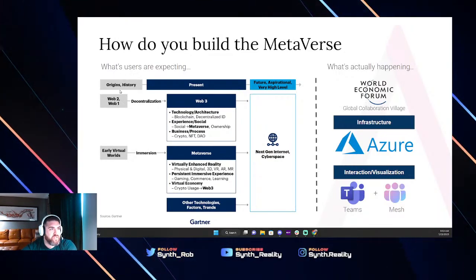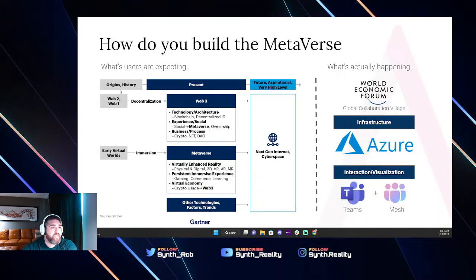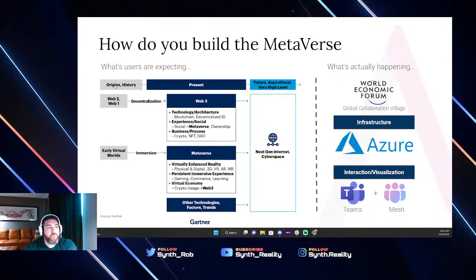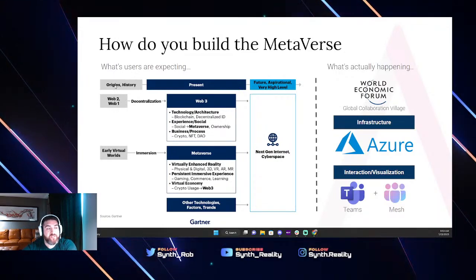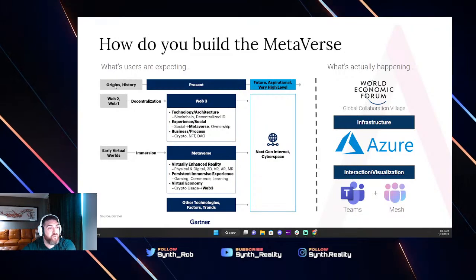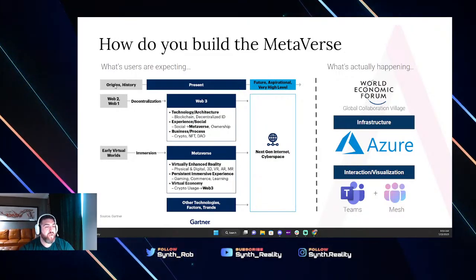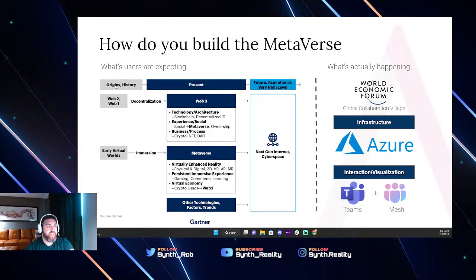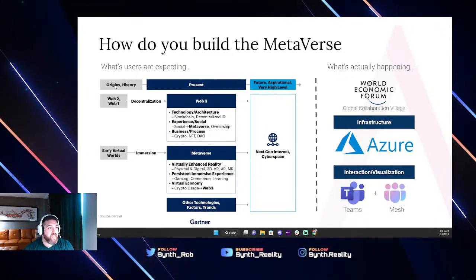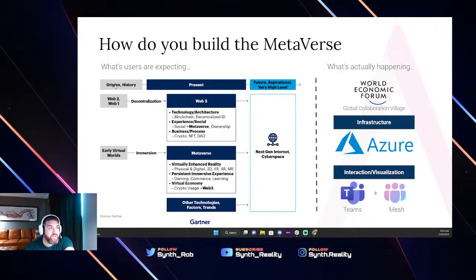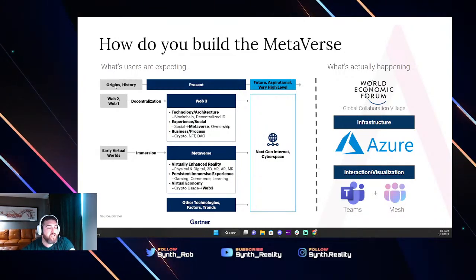Centralized data resources. On Web 1, you actually needed to know exactly where you were going. So you had to type in a specific repository or location to have access to it. For Web 2, you were able to search and understand where that data was, and you could search different things, but the data and information was still centralized.